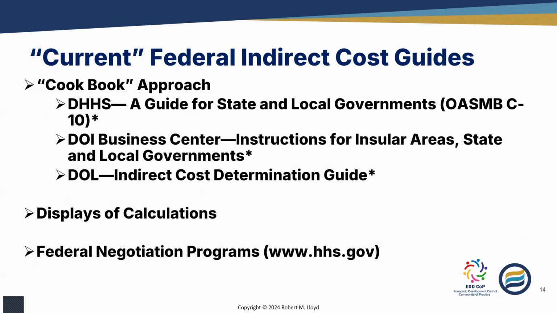I was fortunate enough to be under contract to the Department of Health and Human Services when the guide for state and local governments was put together. However, HHS has let that guide get a little out of accuracy. And in fact, the Government Accountability Office has even castigated HHS for not updating the guide more effectively.